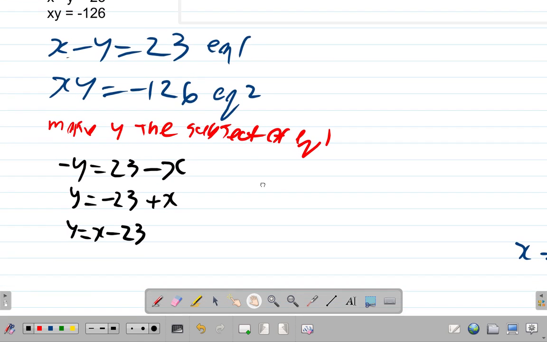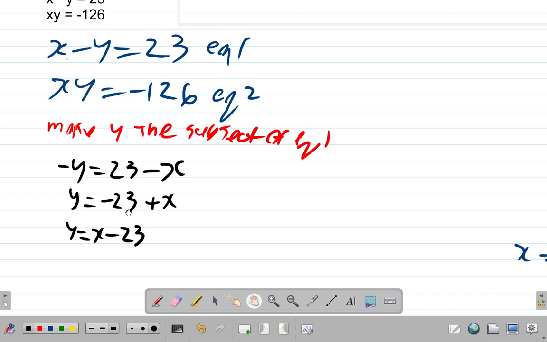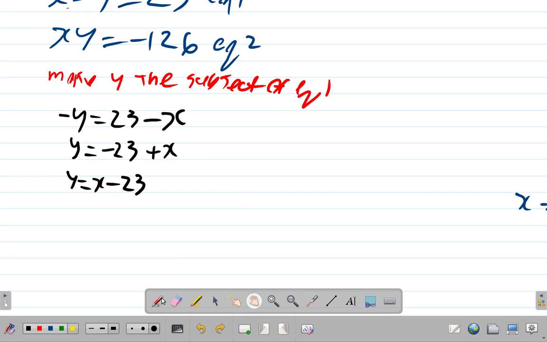Now the next thing, xy. We know that y is equal to x minus 23. So why not put it here when we rewrite equation 2? So let's do that. It says xy is equal to negative 126.